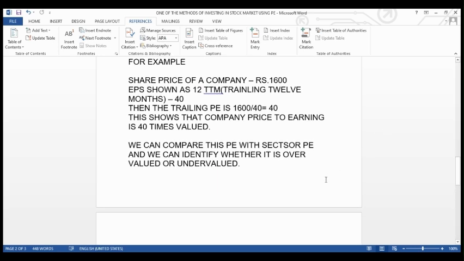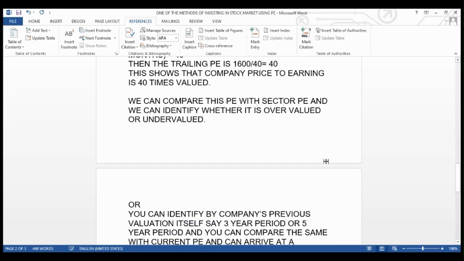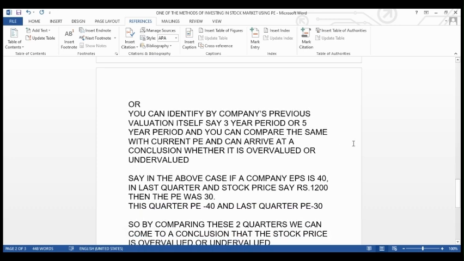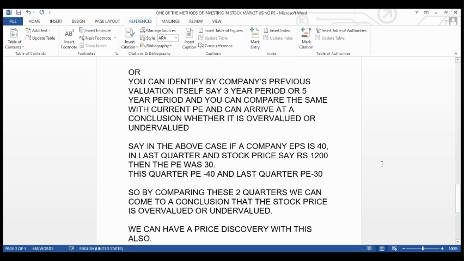We can compare this with the sector PE also, and we can identify whether it is overvalued or undervalued. Or you can identify the company's previous valuation, say for a 3-year or 5-year period. You can compare that with the current PE and arrive at a conclusion whether it is overvalued or undervalued.